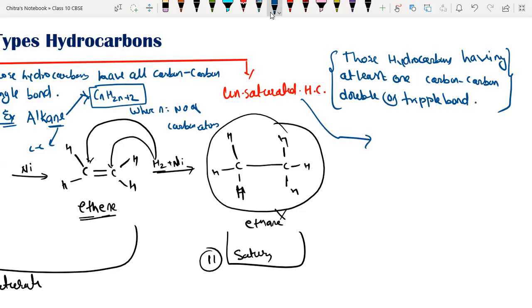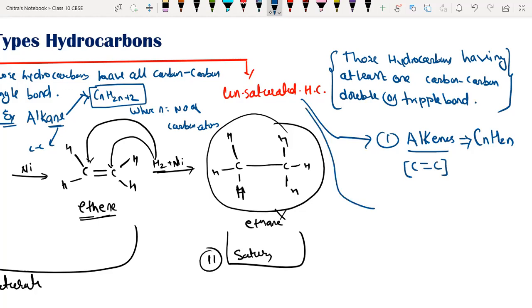Number one, we have alkenes. Alkenes means having a carbon double bond. I'm writing here that alkenes have general formula CnH2n. They have at least one carbon double bond in their structure.